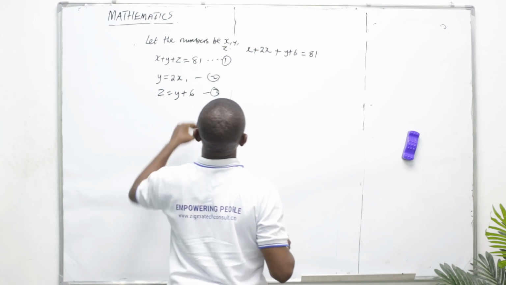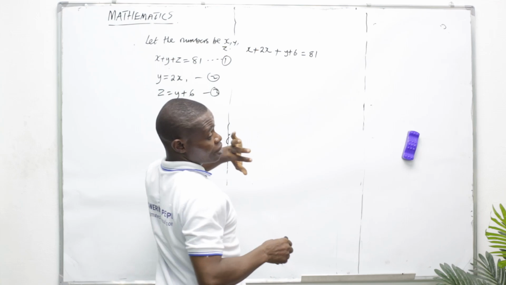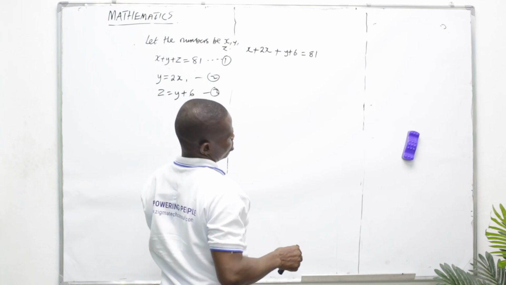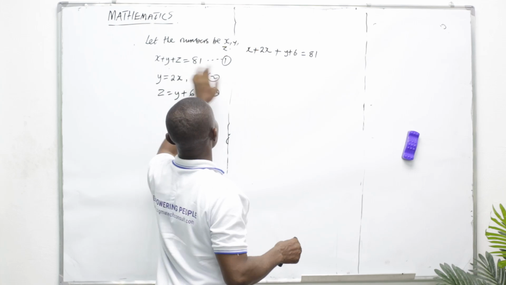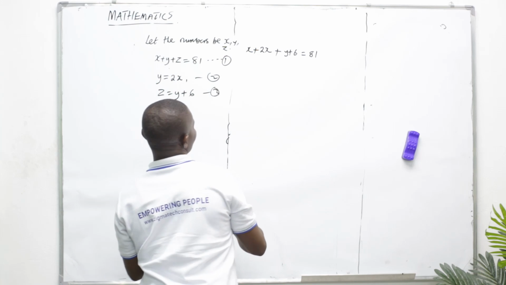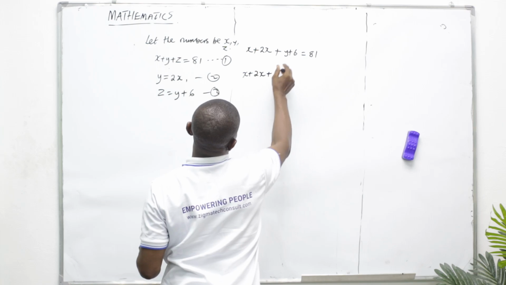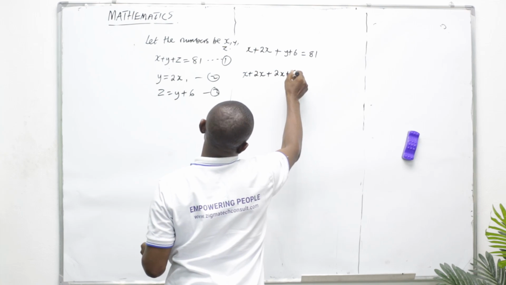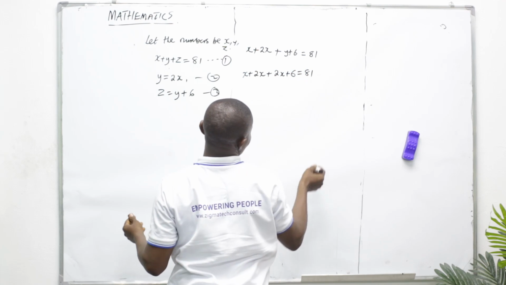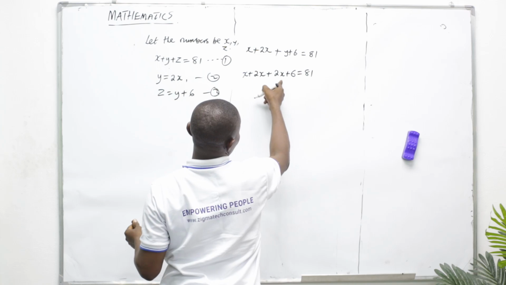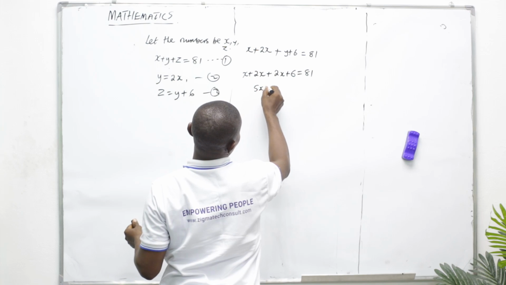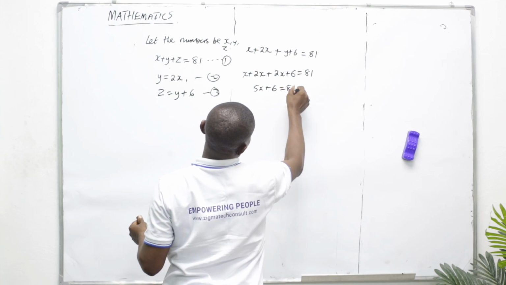Recall that from equation 2, you see the reason why you have to give titles. From equation 2, Y is what? 2X. So Y, which is 2X plus 6, is having its place in 81. Good. Then X plus 2X plus 2X, then 5X plus 6 equals 81.